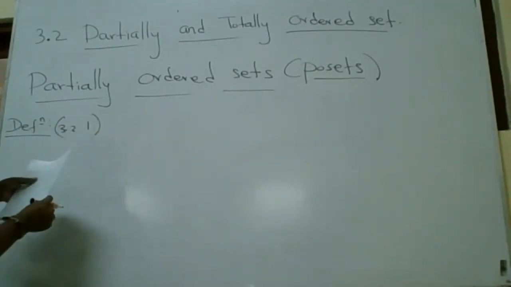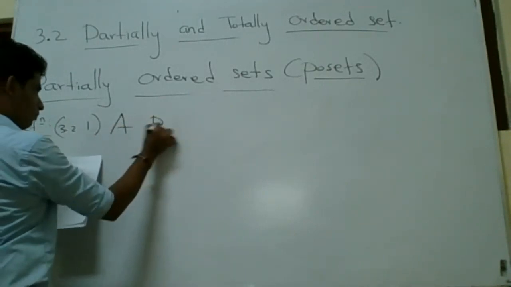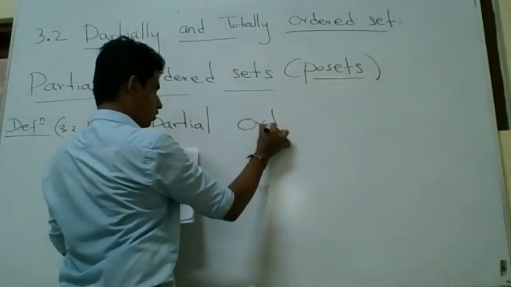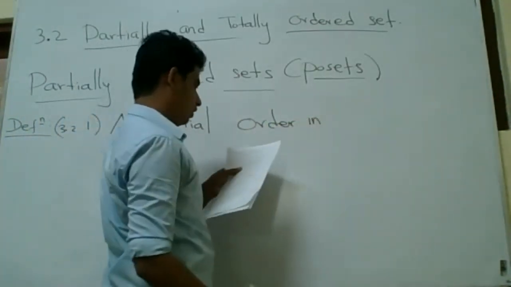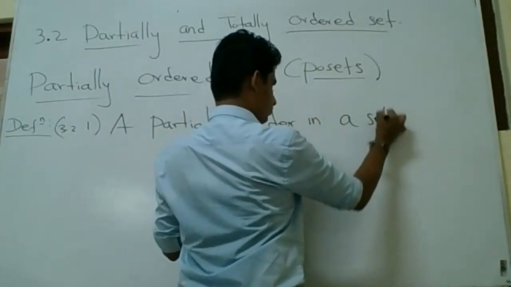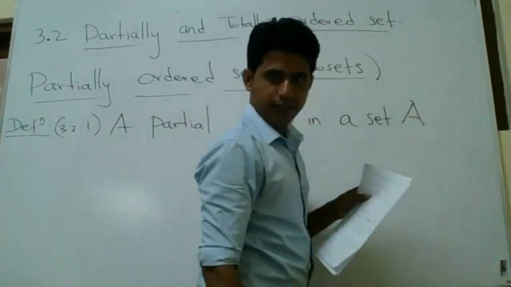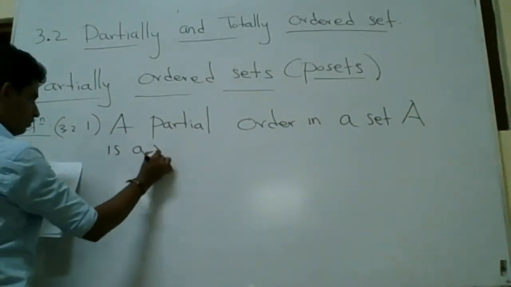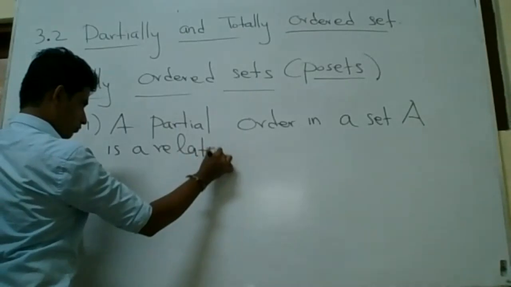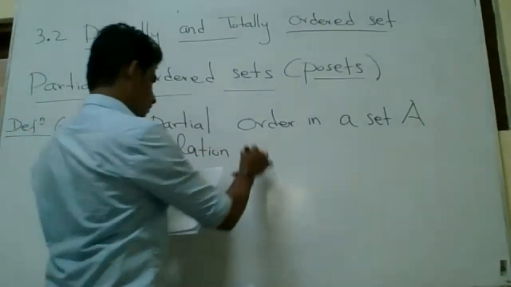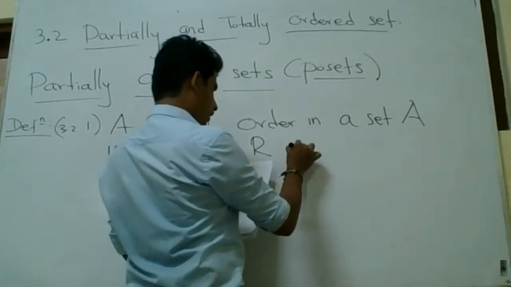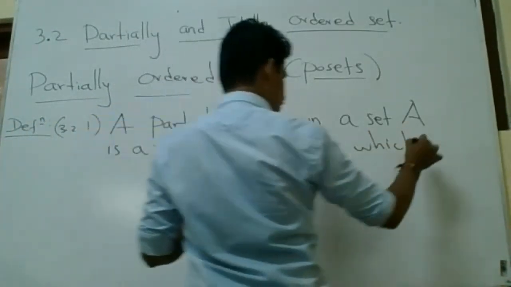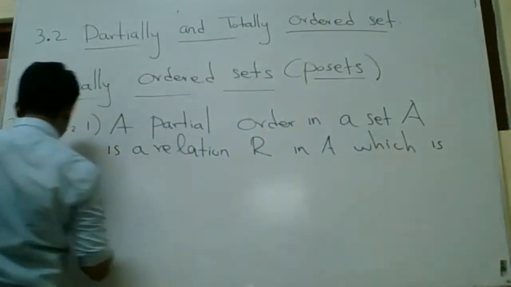A partial order in a set A is a relation R in A which satisfies three conditions. The first condition is reflexive.